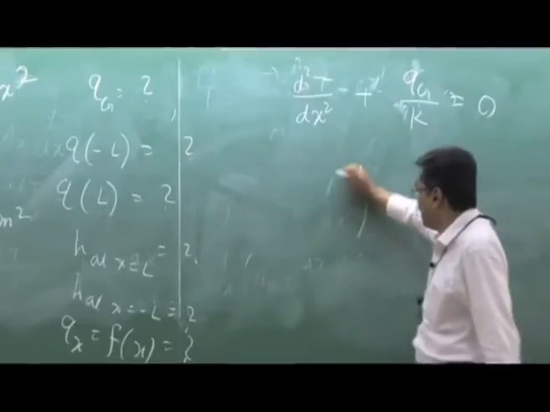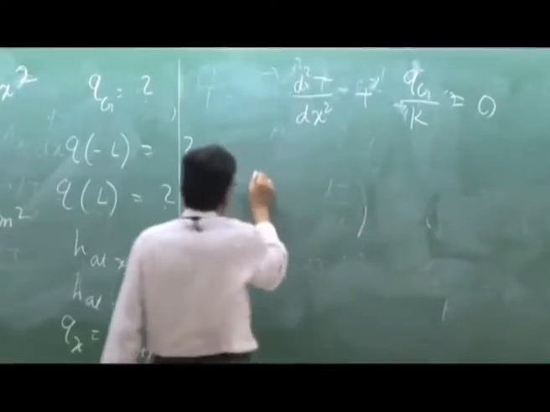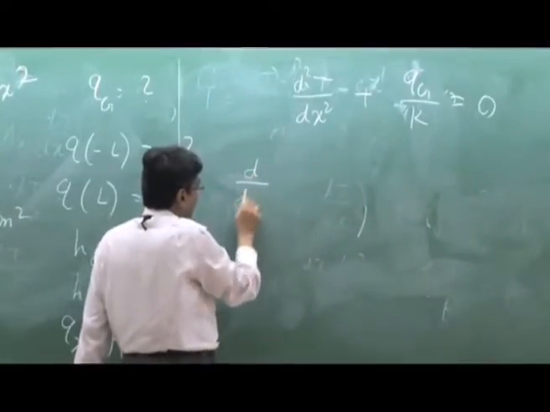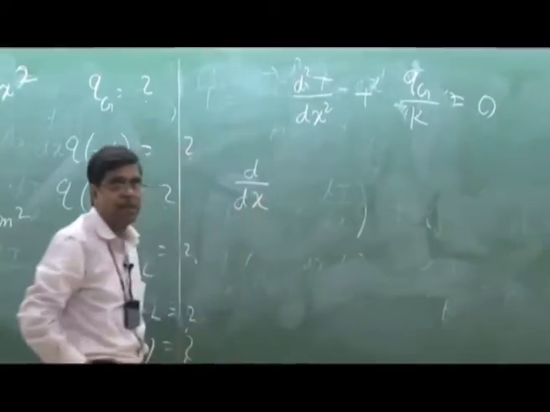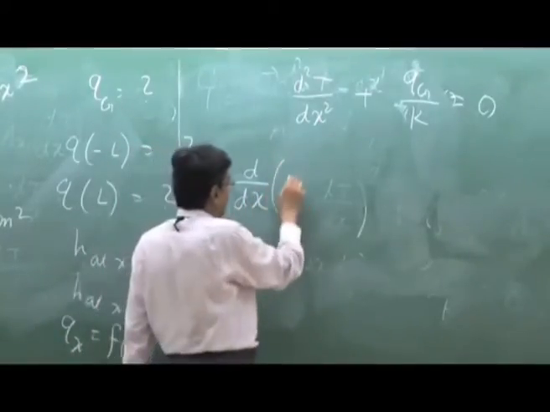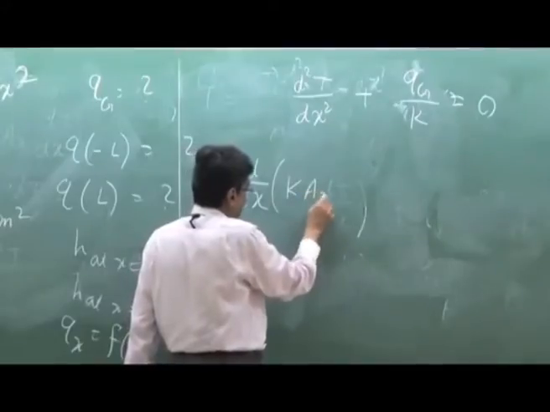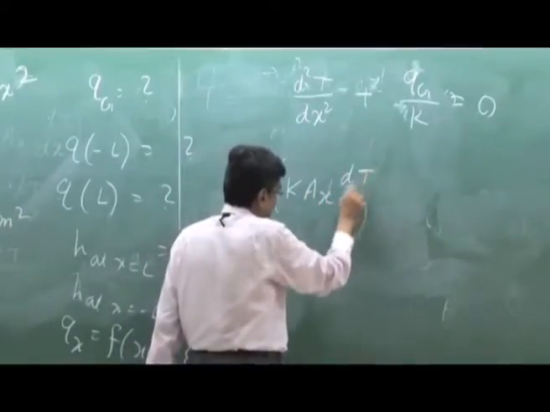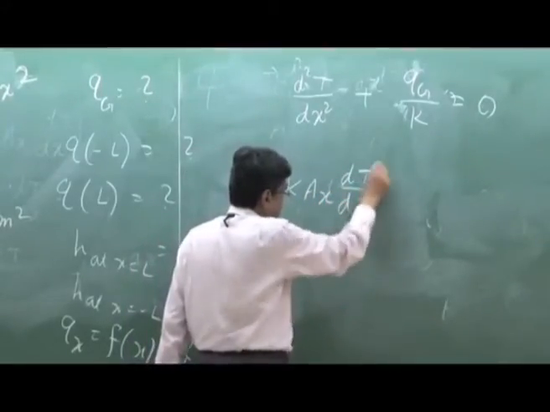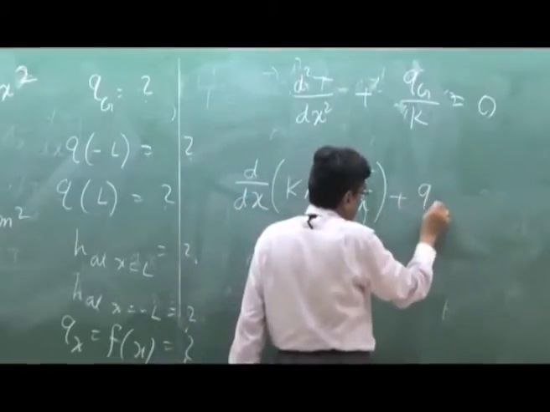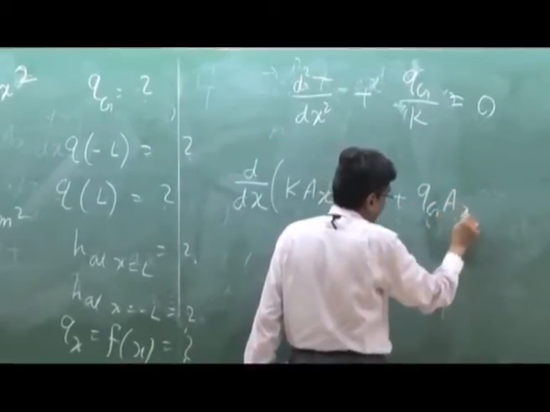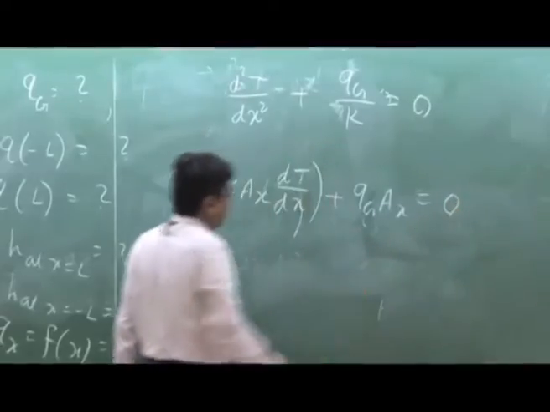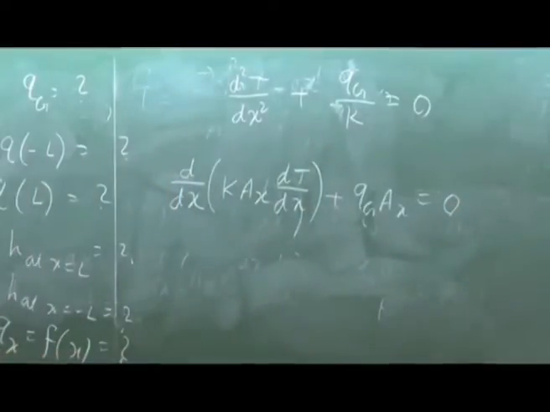We can develop this if we remember only one formula, or we can derive it from the fundamentals: d/dx of K Ax dT/dx plus Qg Ax equals 0, which comes from a simple energy balance for a variable area.